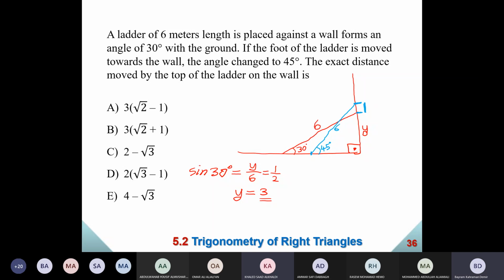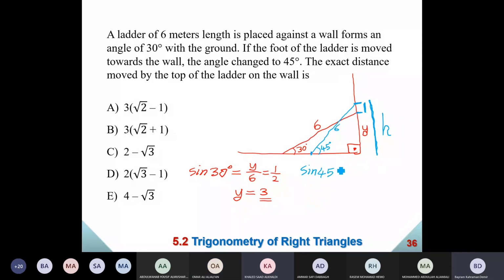Exactly. So let's find it. Let me say h here. Let's say h, for example. So what is sine 45? Root 2 over 2.